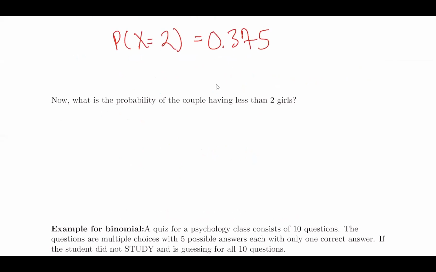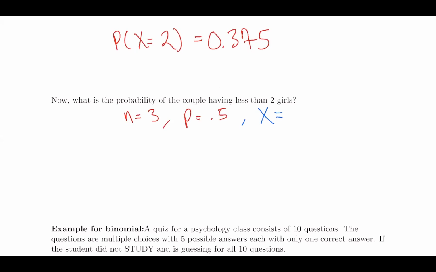All right, so in this one, our N is still the same. It's still going to be 3. Our P is still the same. It's going to equal 0.5. But what's going to change is our X value. No, N represents how many trials you have.